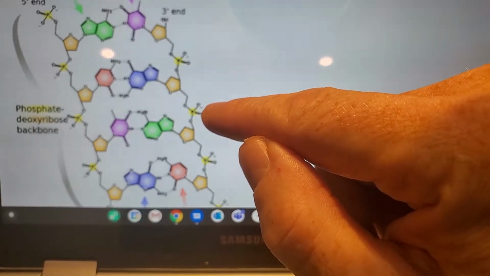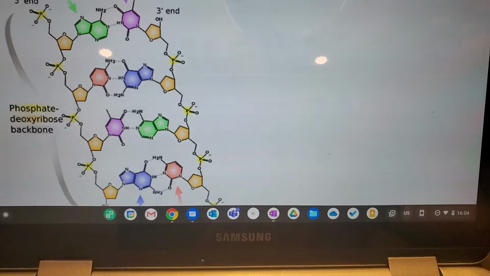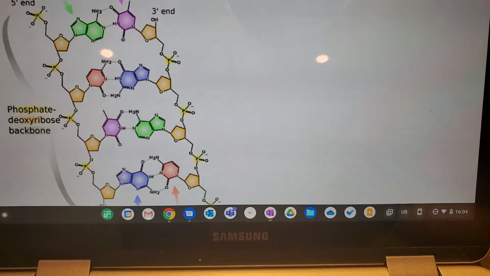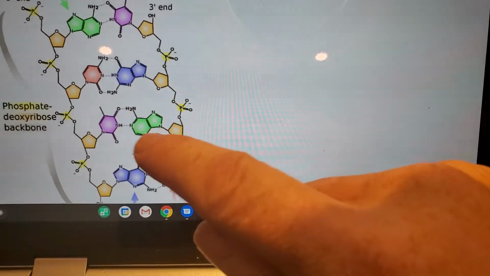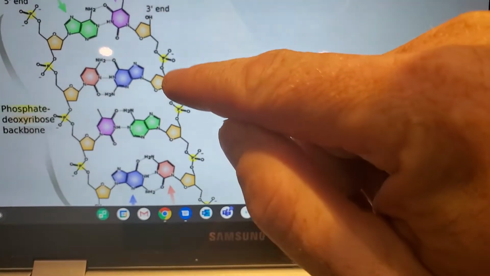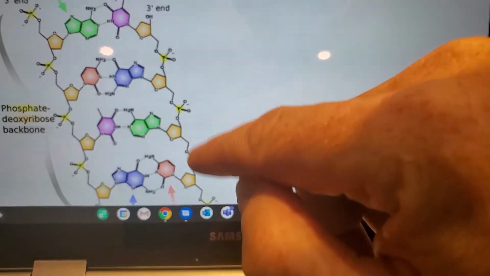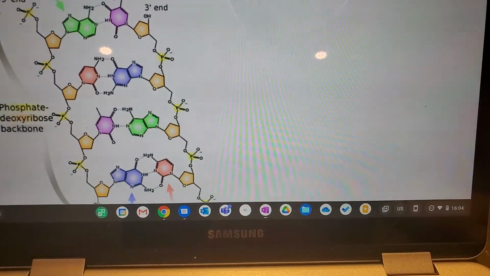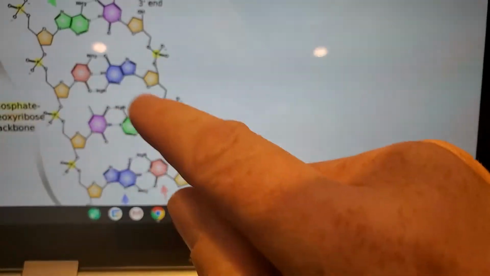It's got a phosphate group, a pentose sugar, which in DNA is deoxyribose sugar, and a base. The phosphate groups and the pentose sugars make up the backbone, and they have strong covalent bonds holding them together. So the backbone is really strong.